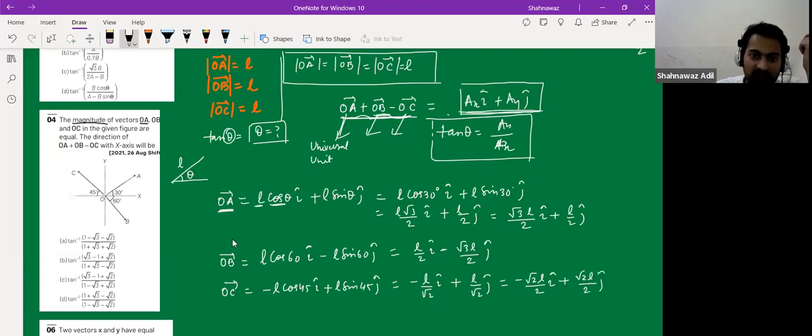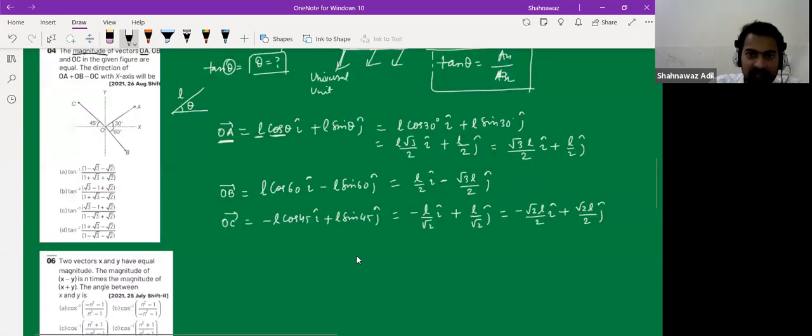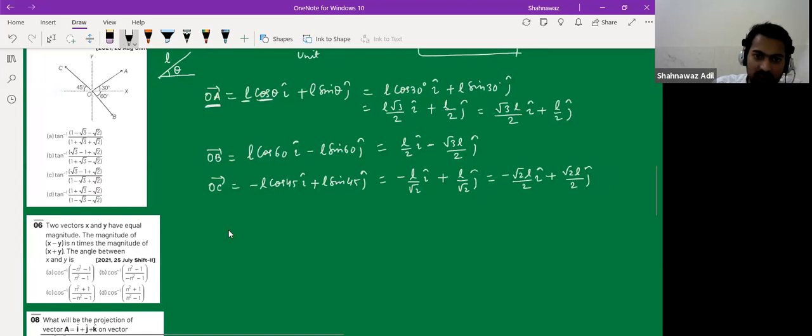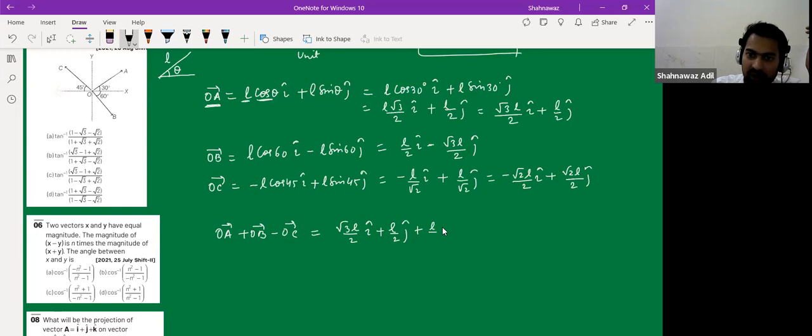Now we can find OA plus OB minus OC, right? So this would be root 3 by 2 L I hat plus L by 2 J hat, plus L by 2 I hat minus root 3 by 2 L J hat, and minus of OC.